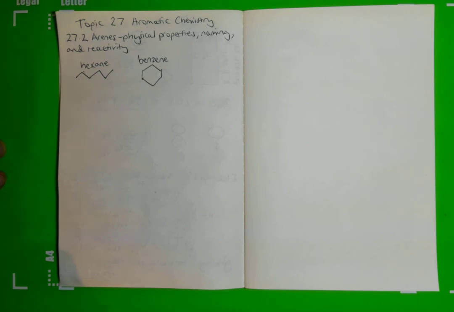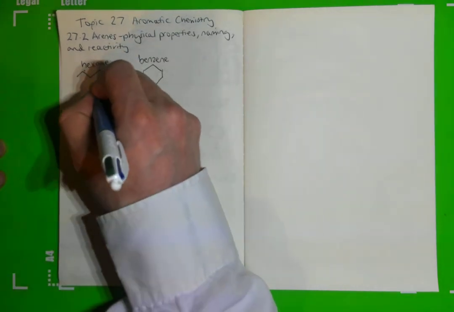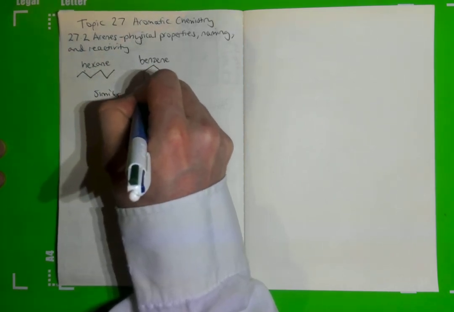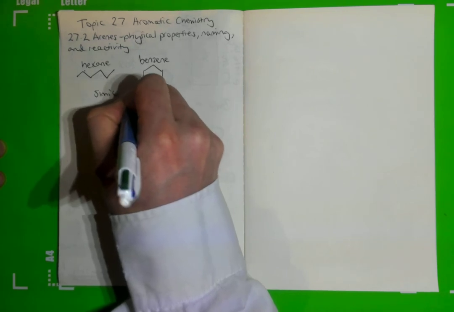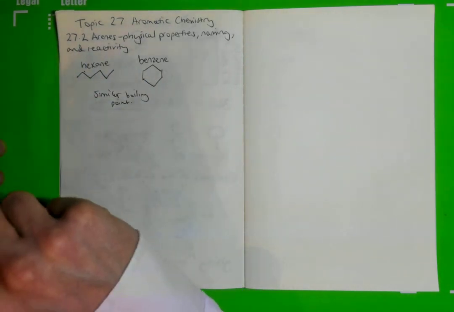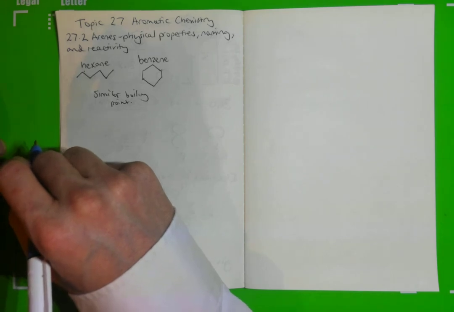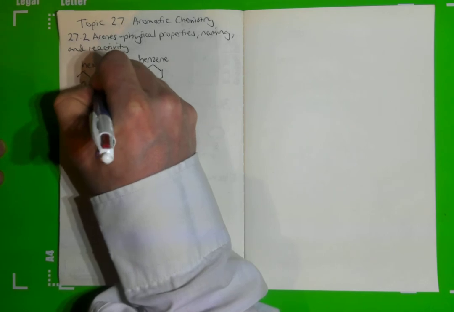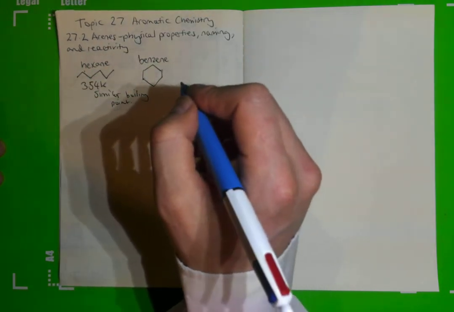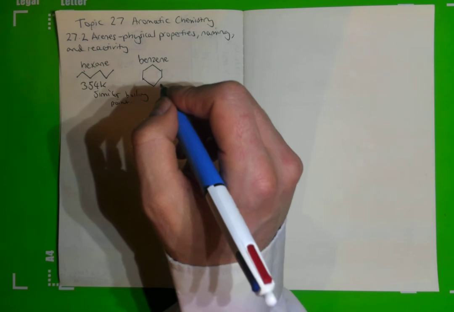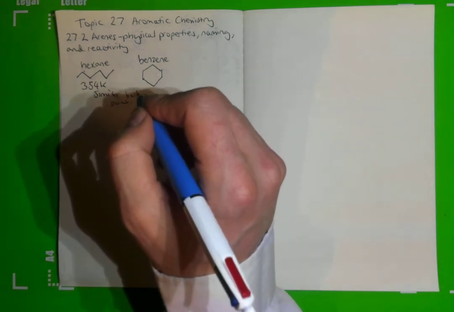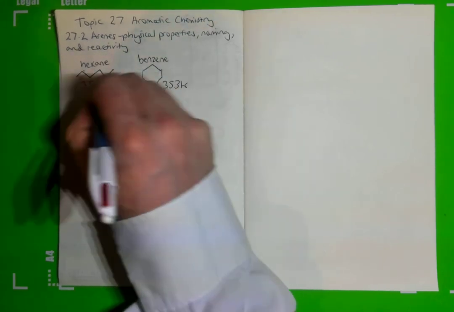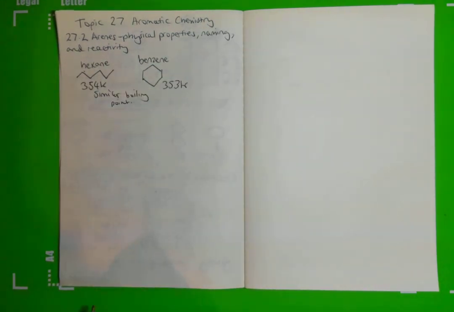The boiling point is more or less the same, because they have similar sized molecules. Hexane is 354 and benzene is more or less the same, and it is 353. That's not a significant difference there.